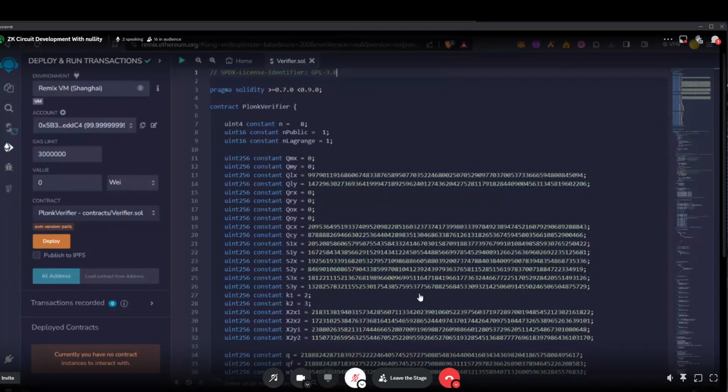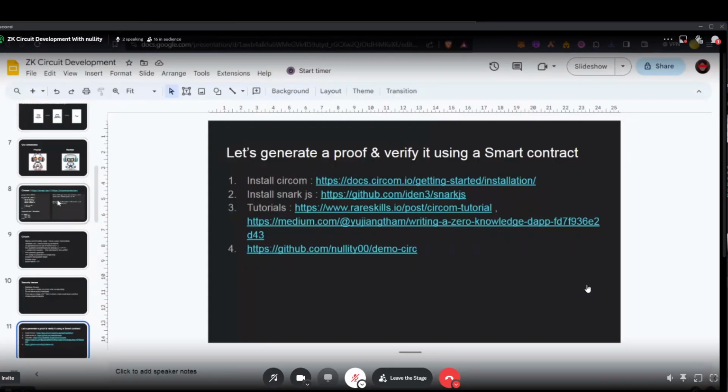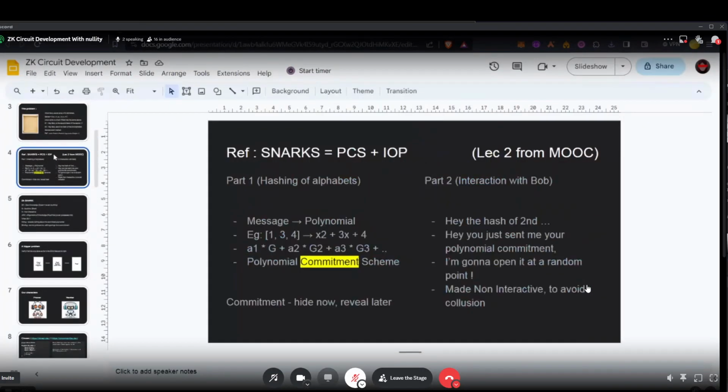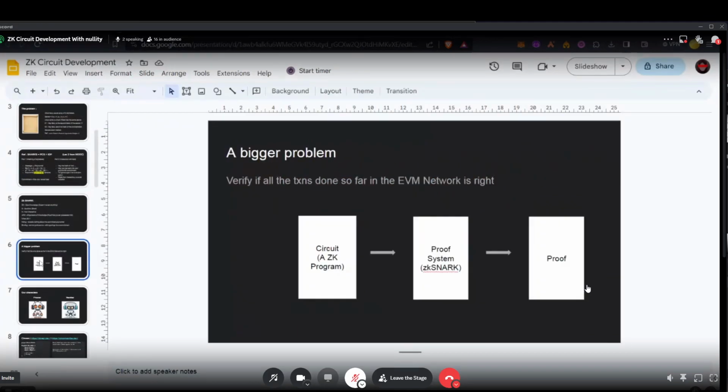So yeah, sure. So as I said, we'll be using multiple proof systems. So if you just got the concept of snarks and proof systems, one of the proof systems is Plonk.